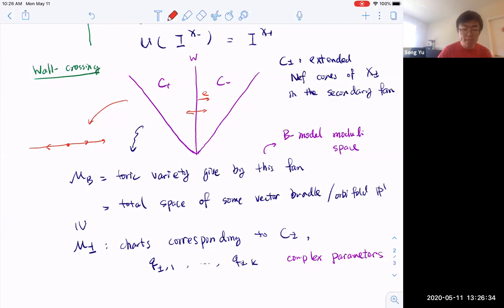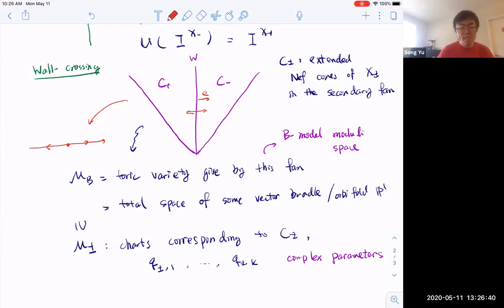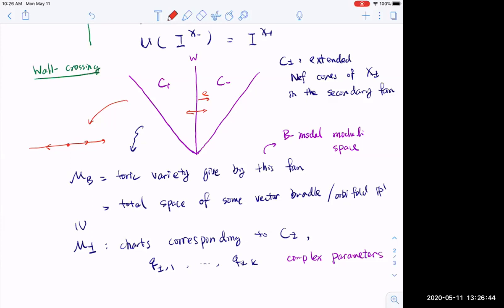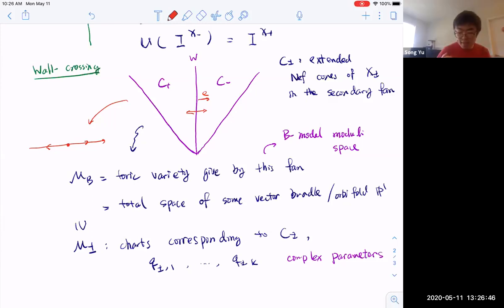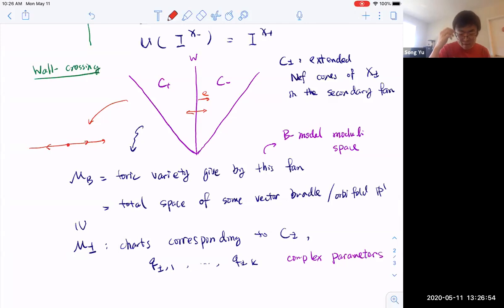Oh, so it's just this part, a fan of just these two cones. Yeah, I just take these two cones. Ah, okay, that makes sense. In general, you can consider the entire secondary fan or the entire secondary variety, but sometimes this construction is easier. Okay, thanks for pointing this out.